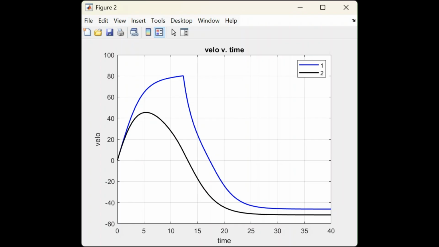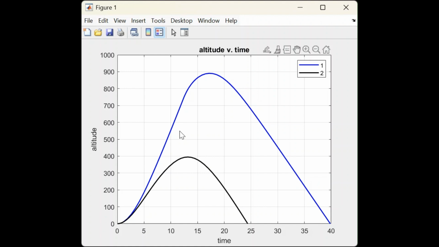All right, on to the altitude. So on our altitude versus time plot, you can kind of see and understand the biggest difference if you're not really in rocketry. Our first strategy took us to an apogee of about 890 meters, whereas our second one took us to about 395.